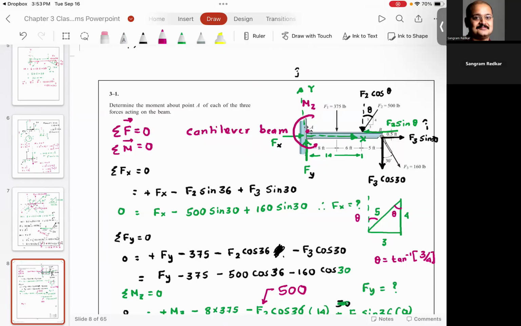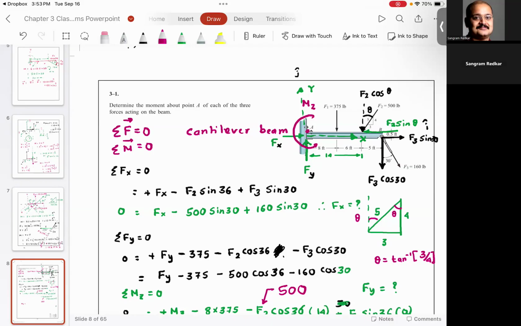So please try to understand, in this problem, the reaction forces Fx, Fy, and the reaction moment Mz, I assumed. Nobody has prevented you from assuming those forces in the opposite direction.